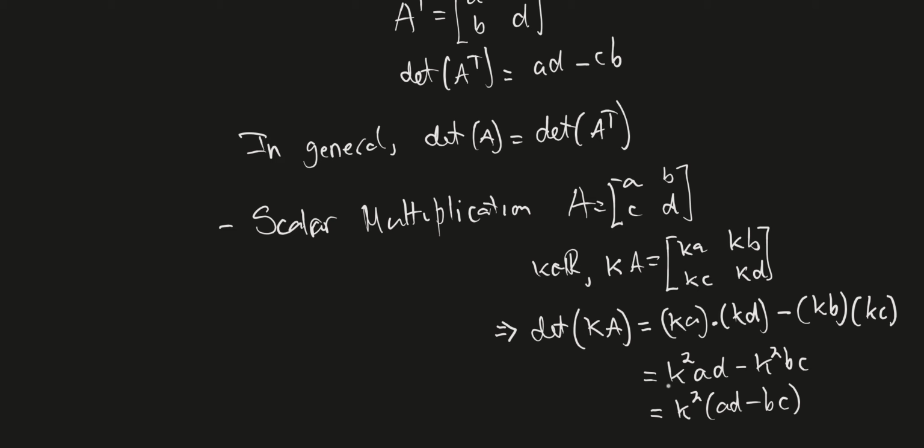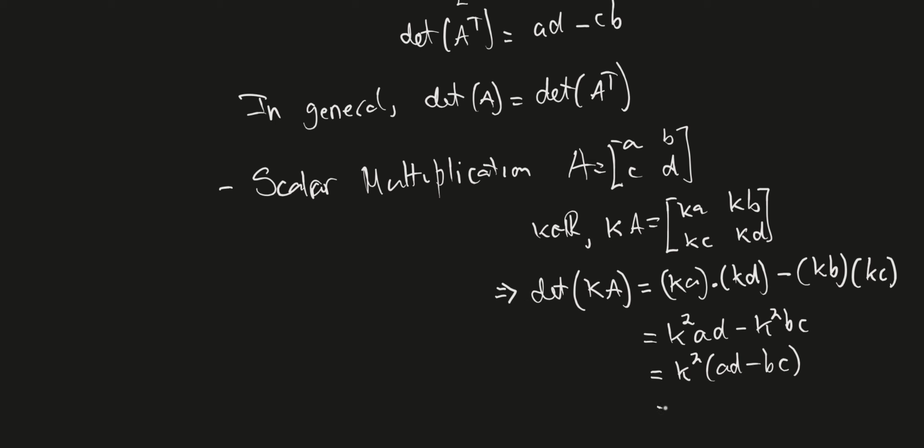So in the 2 by 2 case, look at what happens. If I scale an entire matrix by a constant, the determinant of that new matrix is K squared times the determinant of the original matrix, right?